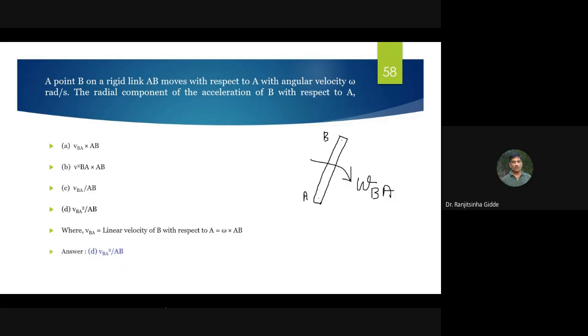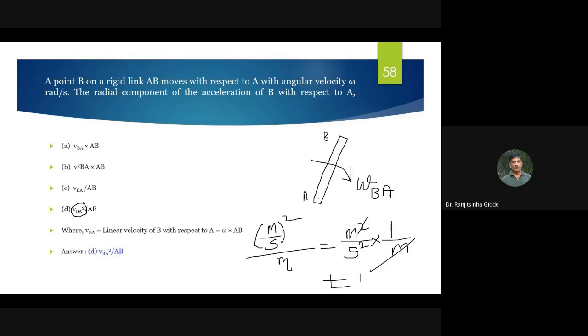So here, in such cases, you can just go like this. This one is velocity square, that means meter per second square divided by this meter. So we can write like this: meter square divided by second square into 1 upon meter. What is remaining?